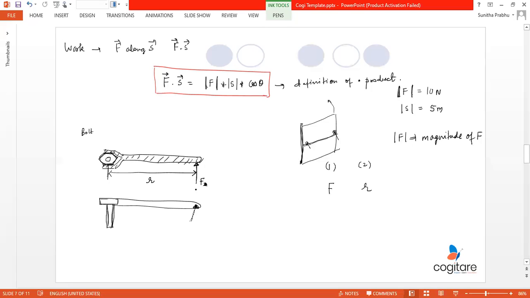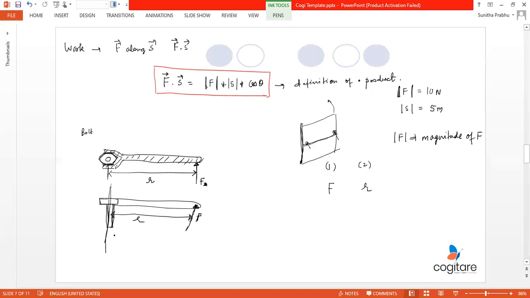That is the direction in which I'm applying the force. Are you able to imagine it? Yes, sir. And this is the distance. So this is the distance r. This distance is the perpendicular distance between the force and the axis of rotation.